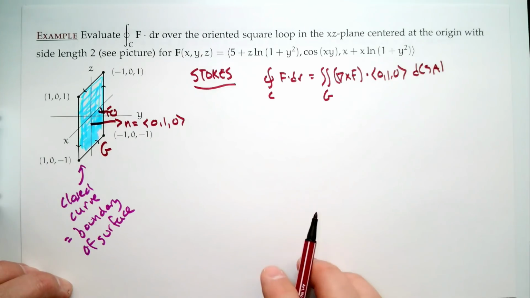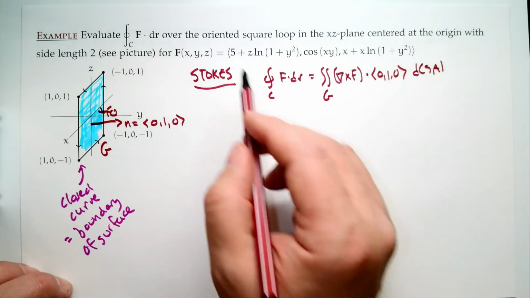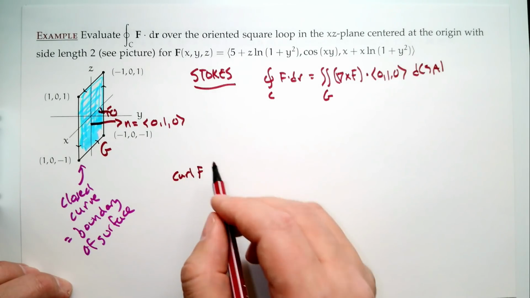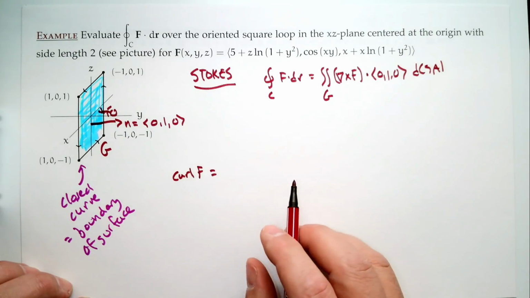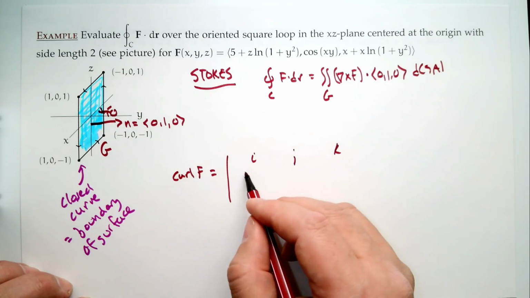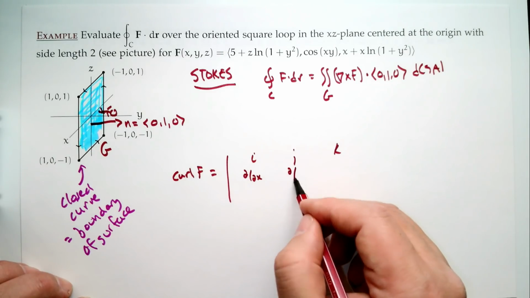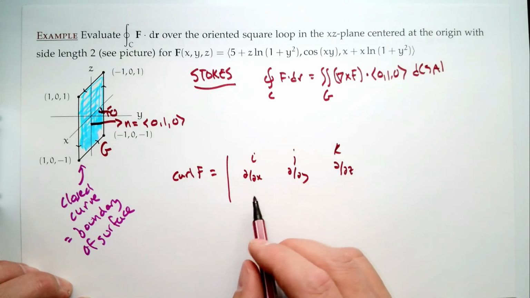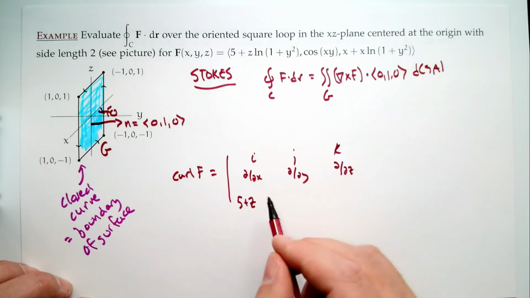So now we need to do the curl of f. We'll come down here. Curl of f is i, j, k, partial x, partial y, partial z, and we have our various expressions.